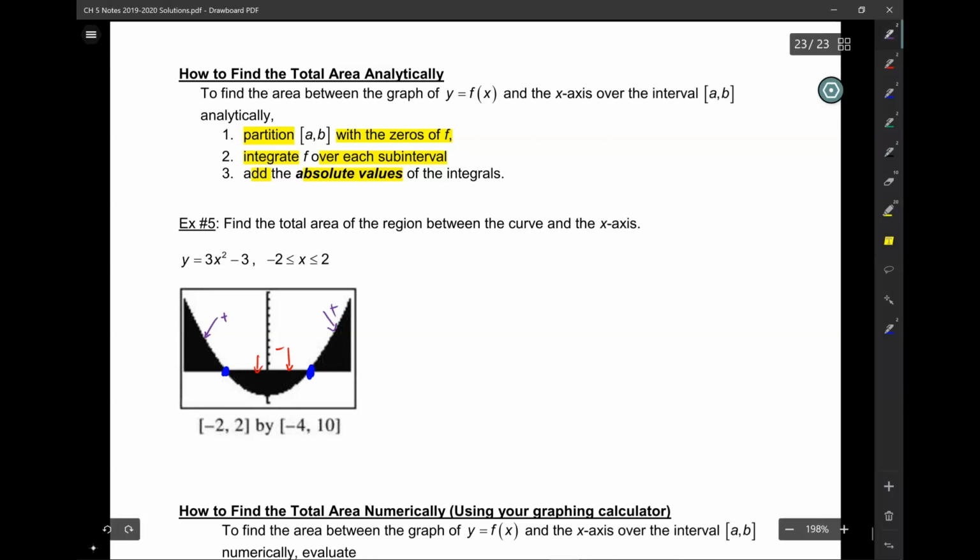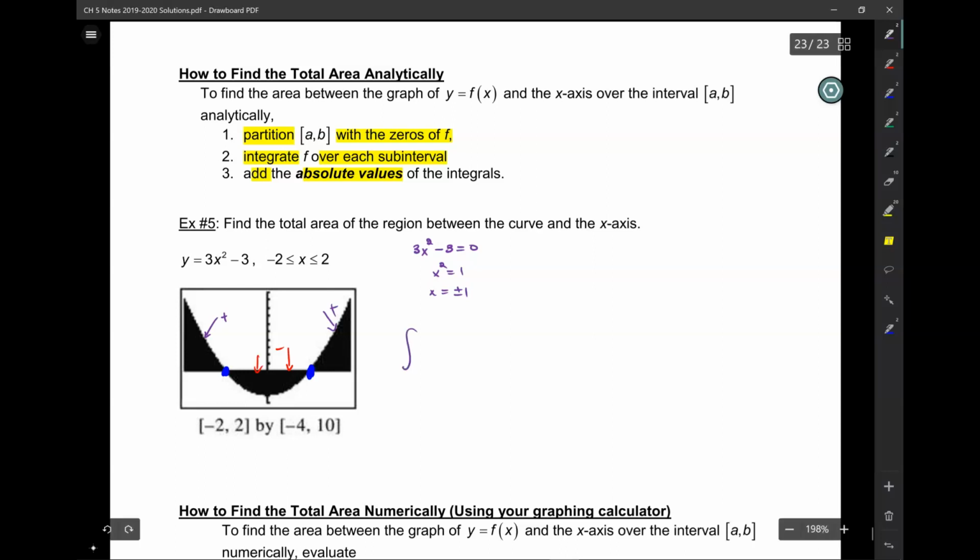Okay. So again, to find the zeros here, we're going to say 3x squared minus 3 is equal to 0. X squared is 1, so x is plus or minus 1. All right? So now, check out what we're going to do.